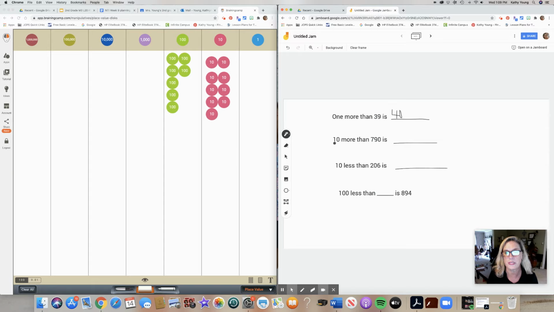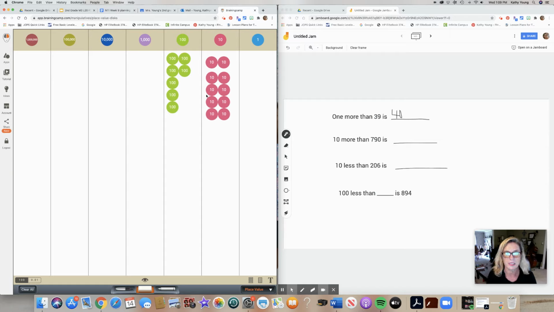The next one we're going to do is 10 more than 790. So I'm going to add a 10 to 790. Now, if you all notice how I put my discs, I put them in rows of 5, so it's very, very easy for me to see that if I add a 10, I have a group of 10. And when I have a group of 10, it tells me automatically I need to trade it in.